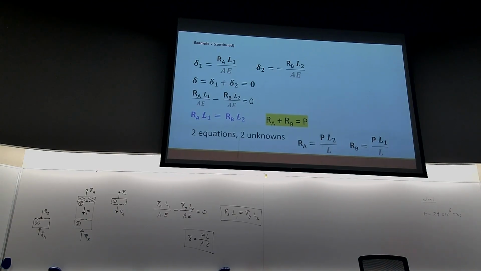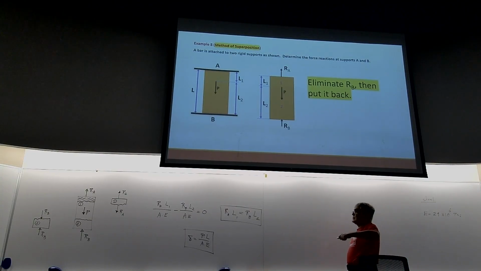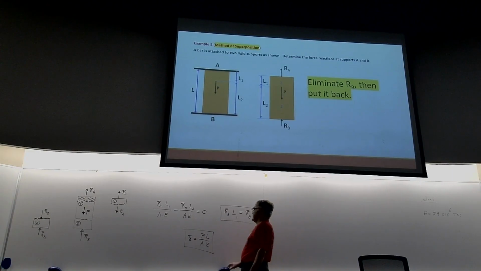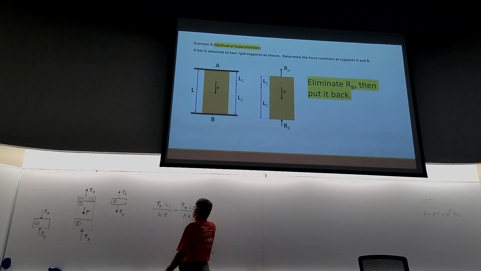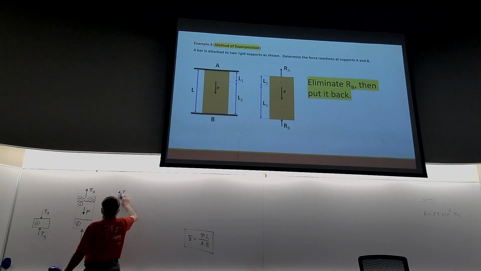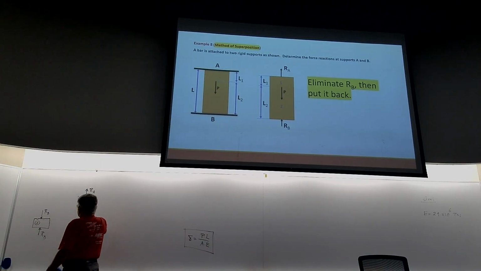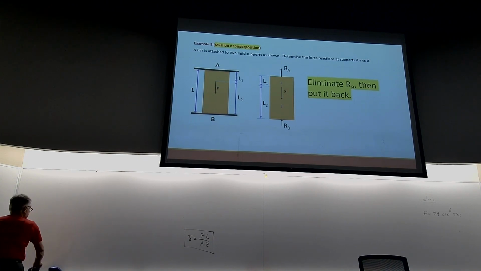We're going to solve the same problem using a different method, which is called method of superposition. I'm sure you've heard of this method in other classes. Superposition can be applied if we are dealing with linear equations, and we are.